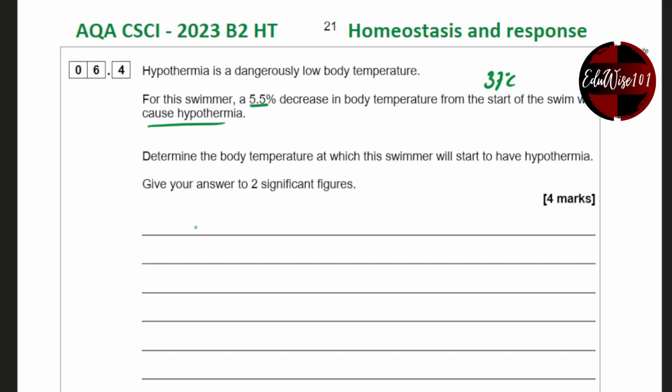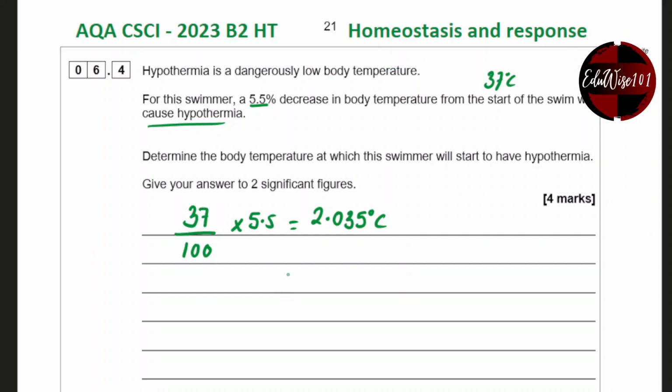So, let's find out what is 5.5% of 37 degrees. So 37 divided by 100 will give me 1%. Multiply that by 5.5 is what I want to know. That gives me 2.035 degrees Celsius. That's 5.5% of 37 degrees Celsius.